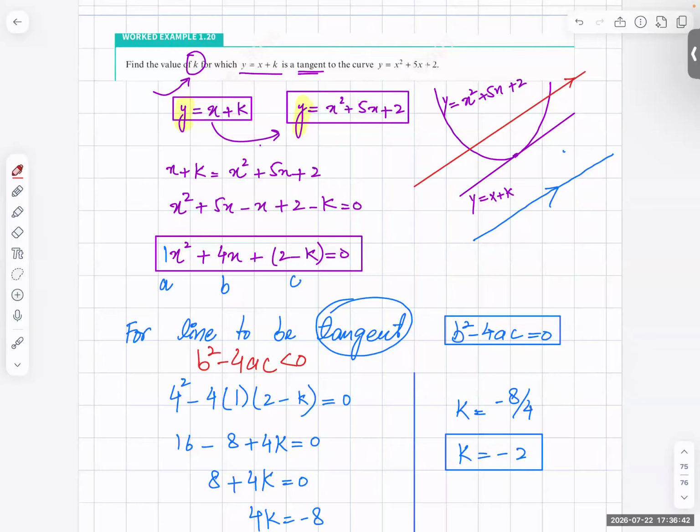Or Ahmed, if they ask you that this straight line cuts the curve at 2 points, then that means we have to find the discriminant b square minus 4ac greater than 0. Okay. So there are total three cases: tangent, does not intersect, intersects at 2 points. For tangent, it has to be equal to 0.